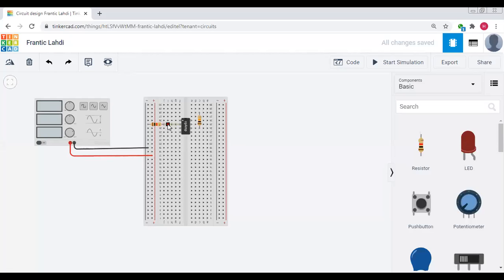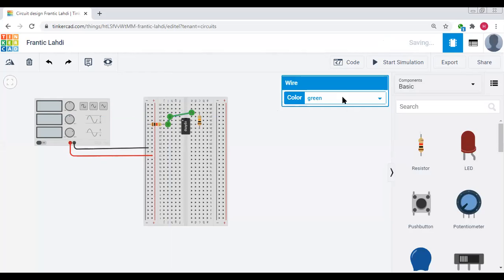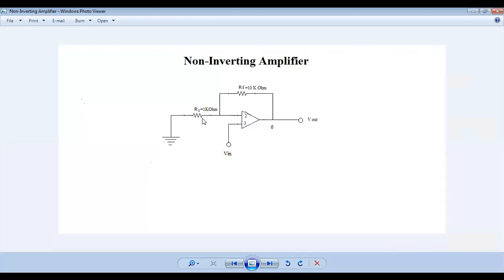So we connect the resistance R1 to the feedback resistor and give the color of this wire pink like this. So in this way our resistance R1 and RF are both connected to each other, and the resistance R1 is connected to the ground, and the resistance RF is connected to the sixth number pin.